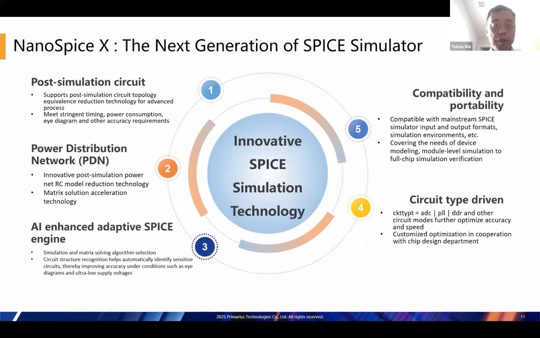Let's zoom in a little bit more on NanoSpice X, which is a very accurate SPICE simulator to deal with analog block and even bigger analog circuits simulation and verification. It has the capability for EMIR analysis so that people can use the same simulator to do the functional verification and also the IR drop analysis.